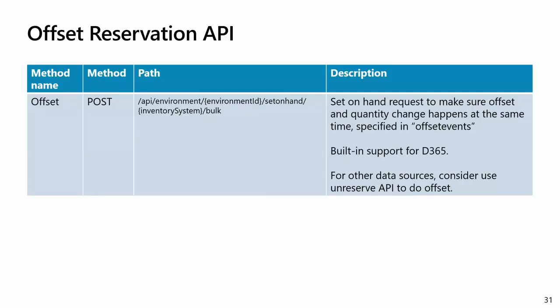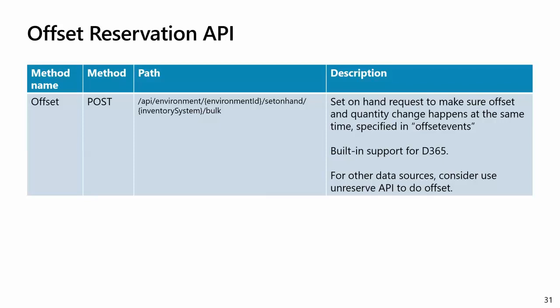There is no separate offset API for the inventory visibility service. For Dynamics 365 users, they can reuse the post set on hand API call to include the offset request in a field called offset events.